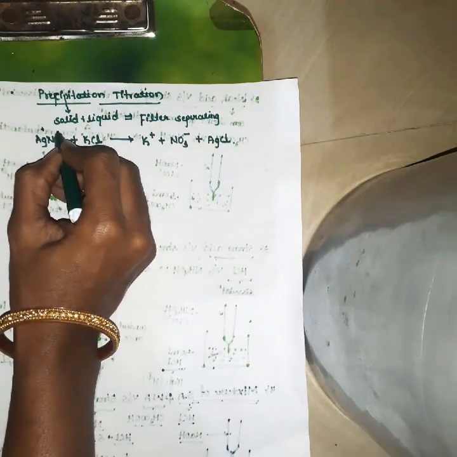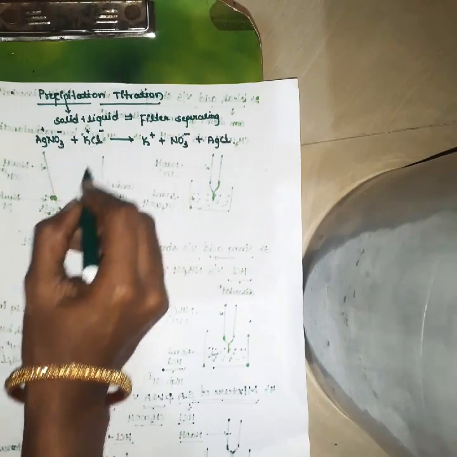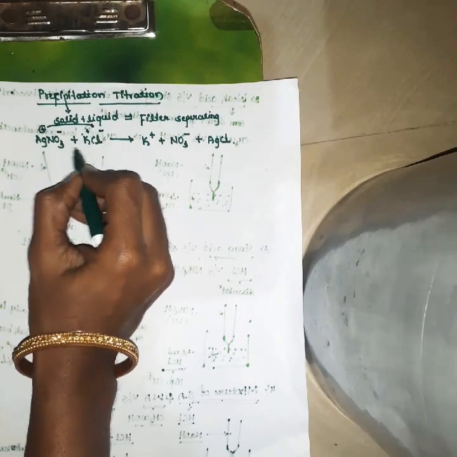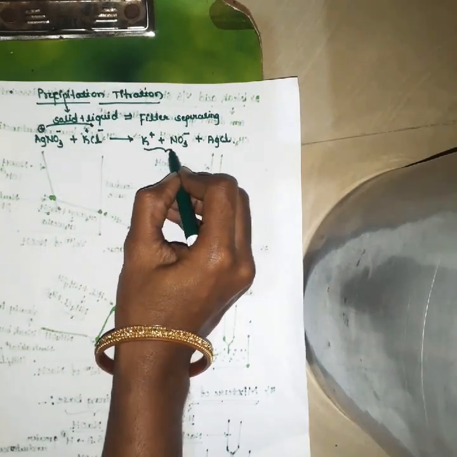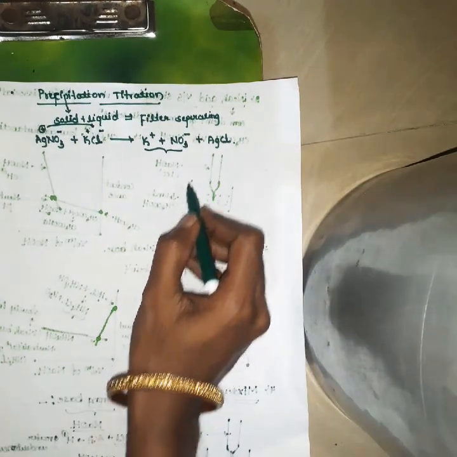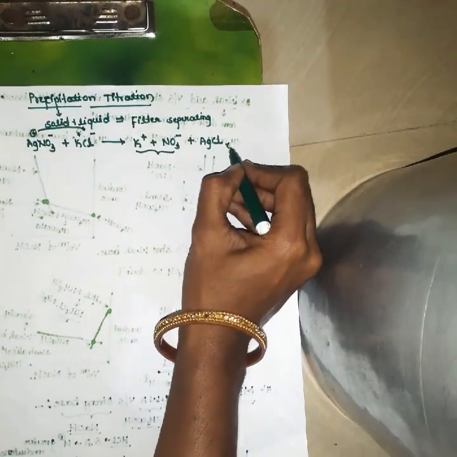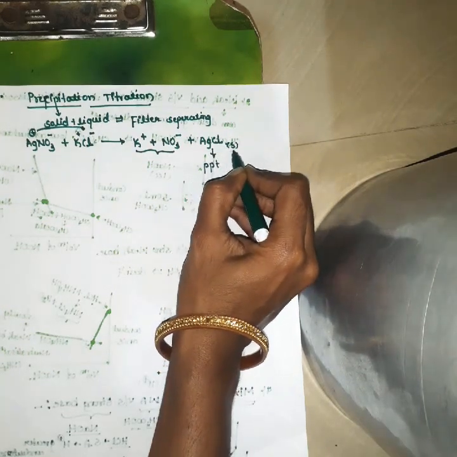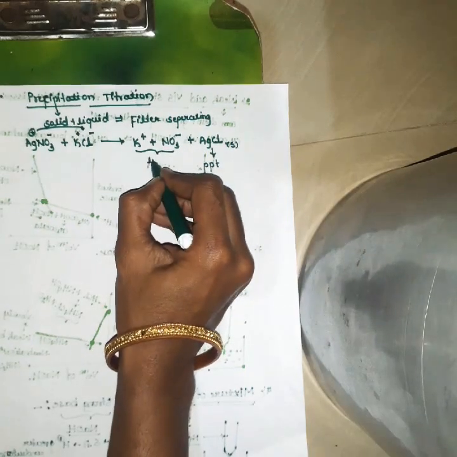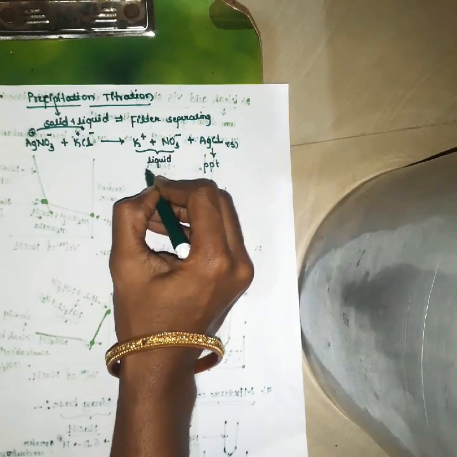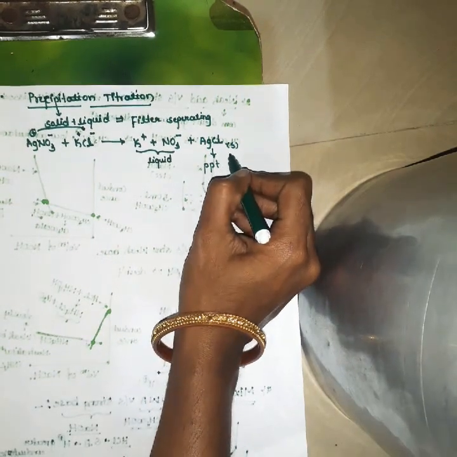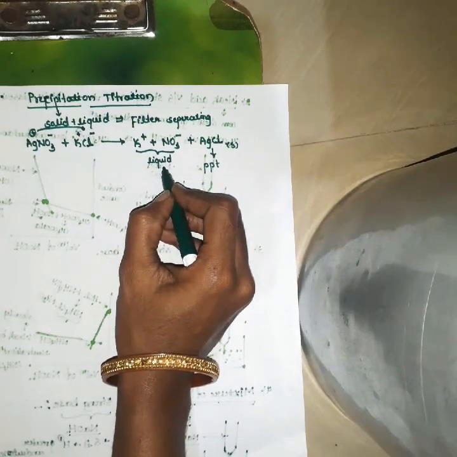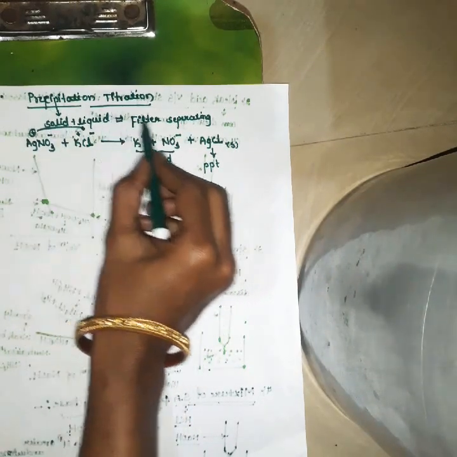Ag plus NO3 minus and K plus Cl minus: this Ag plus reacts with Cl minus, while K plus and NO3 minus remain as ions in the solution. The AgCl forms a precipitate, which is in solid form, while K plus and NO3 minus are in liquid form, all present in the solution. That's why it is called precipitation titration.